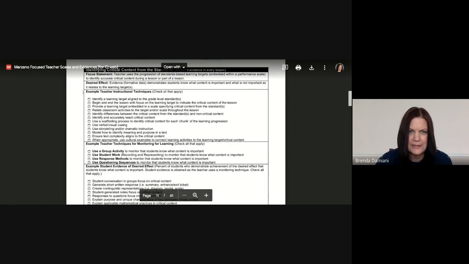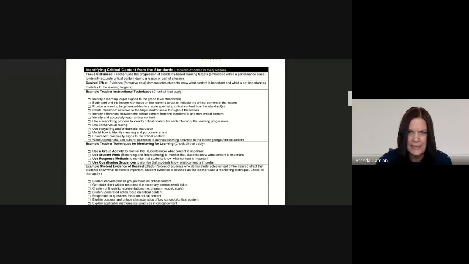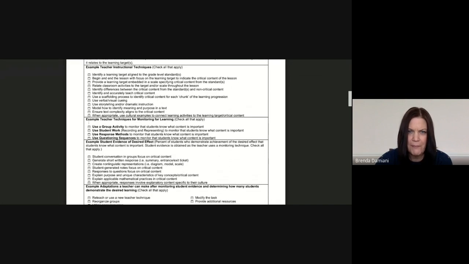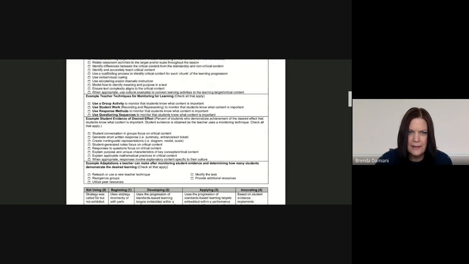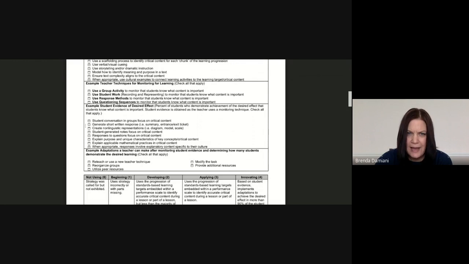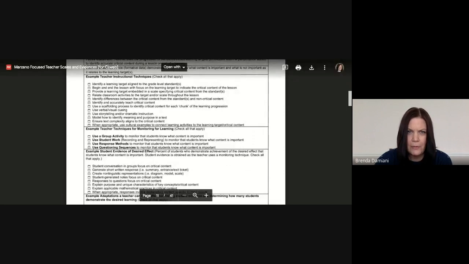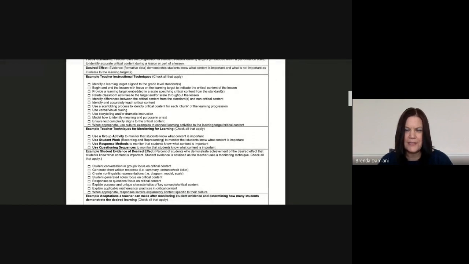Here is example teacher instructional techniques, and then we have monitoring for learning, example student evidence of the desired effect, and example of adaptations. We will go into more detail in some flexible professional learning opportunities, as well as an opportunity on our April 5th Professional Development Day for those of you who are not taking part in flexible learning.